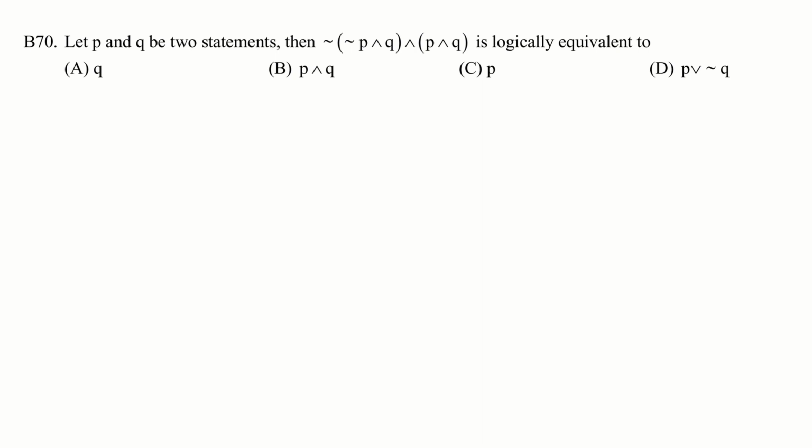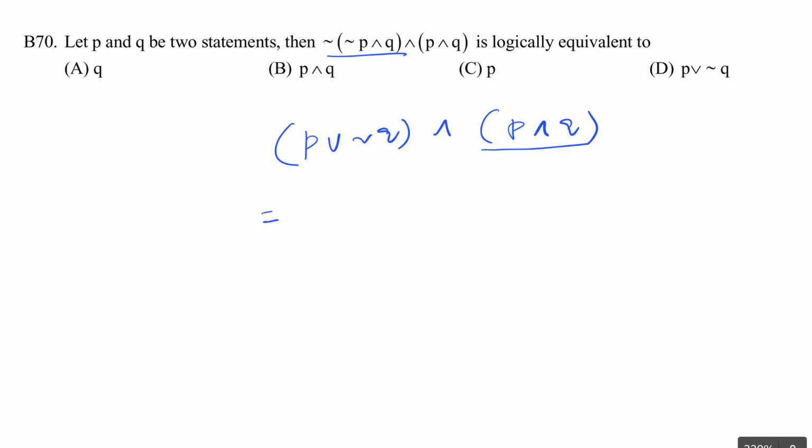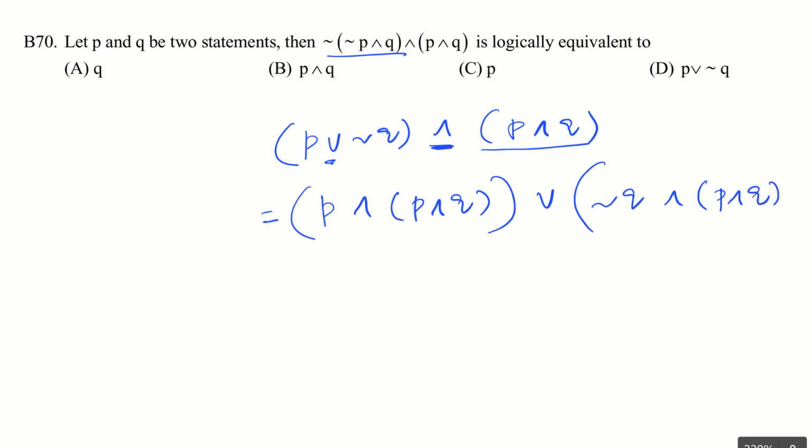Now in this problem, this is nothing but P and (R or not Q), and it is P and Q. Now if I apply the distributive law, distributing and over or, I'll have (P and Q) or (not Q and P and Q). So you can see that this is a subset of Q and this is not Q, so nothing common there, therefore this is false.